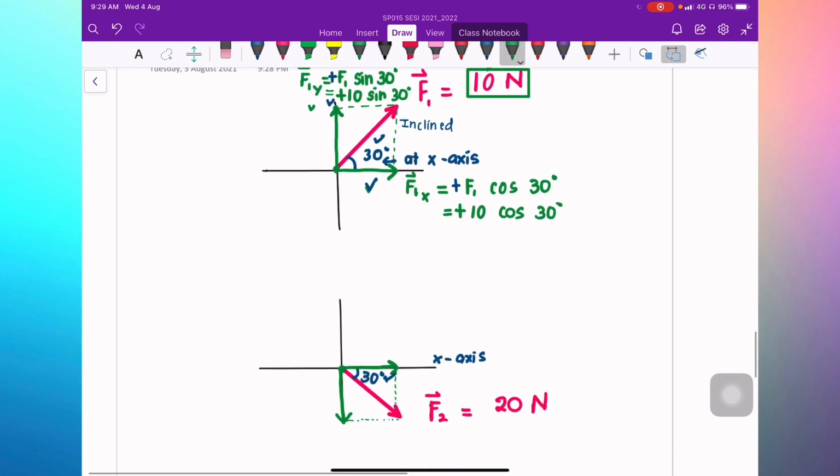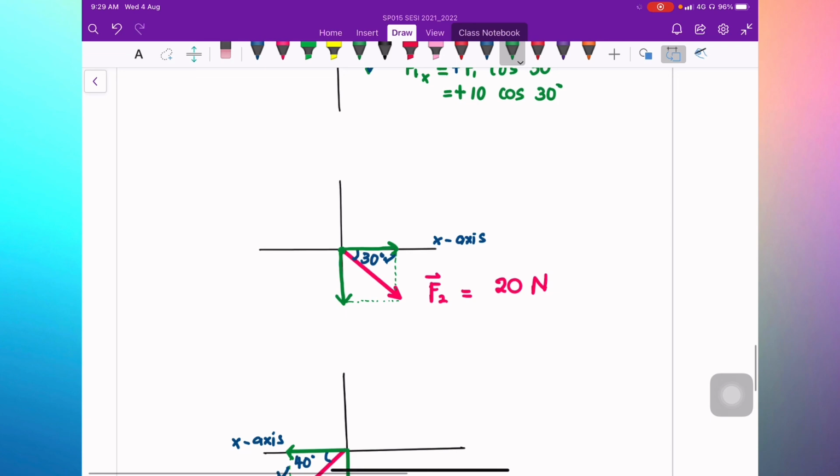Okay, try this example. Let's try together. Now look at the angle. Your angle is at the x-axis, so we can use this angle. Next step, this is your F2x. Why use F2?